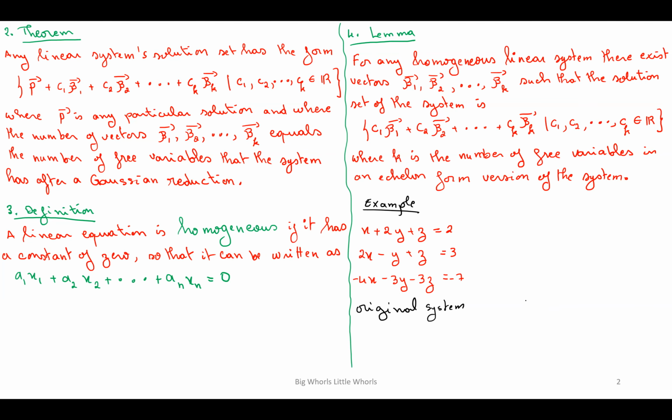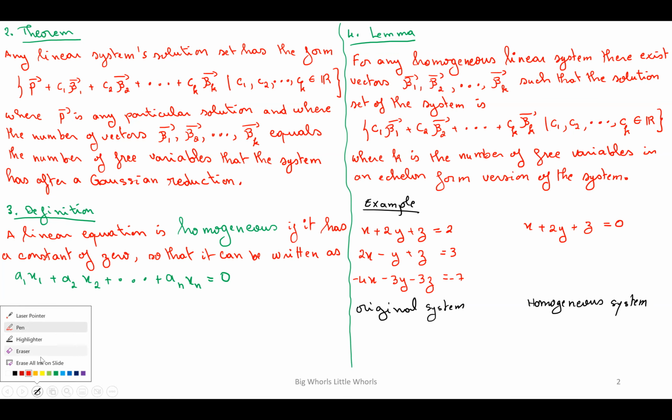Okay, so the associated homogeneous system is going to have what? It is going to have 0 constants. Okay, and so we'll have x plus 2y plus z equals 0.